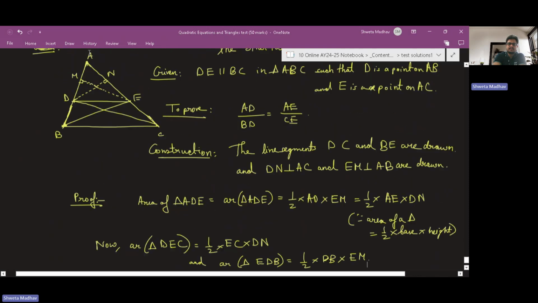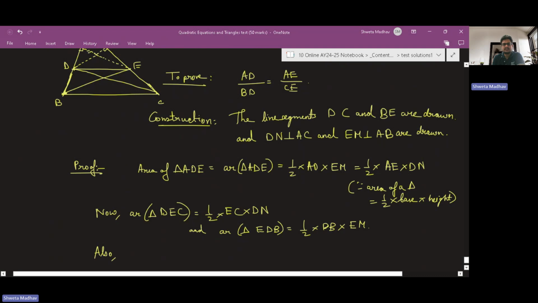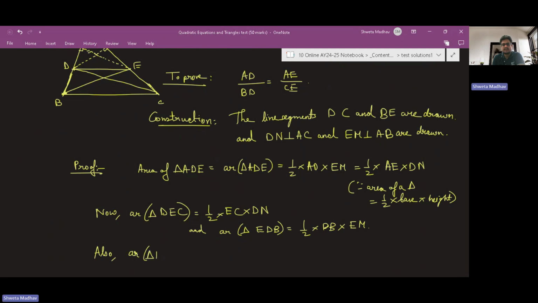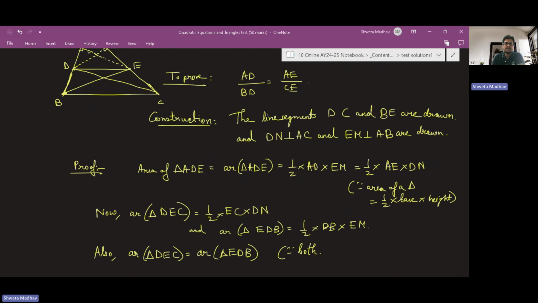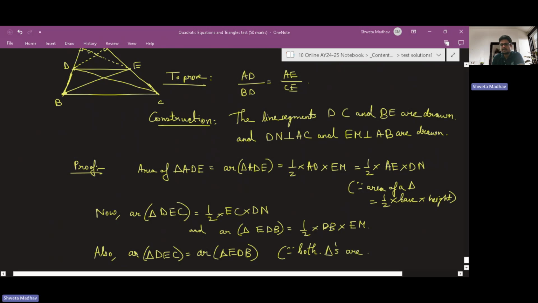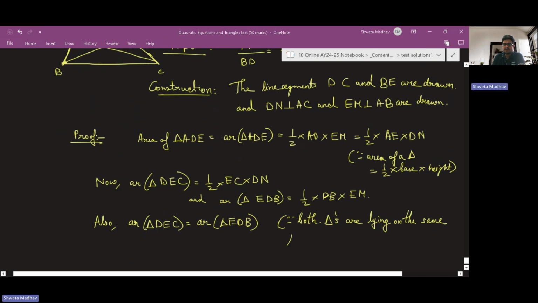And also we can say that area of triangle DEC is equal to area of triangle EDB, since both triangles are on the same base DE and in between the same parallel lines, which are DE and BC.